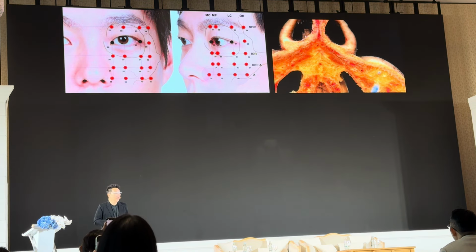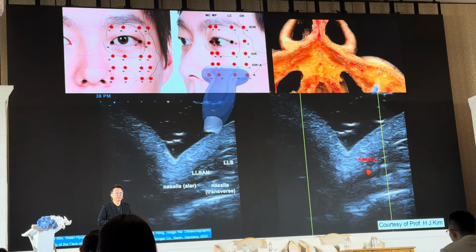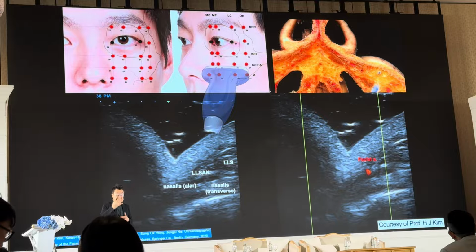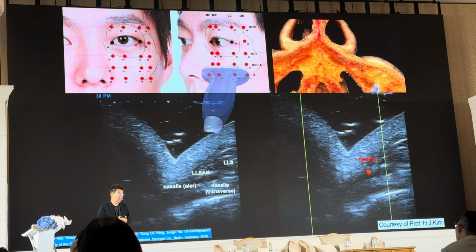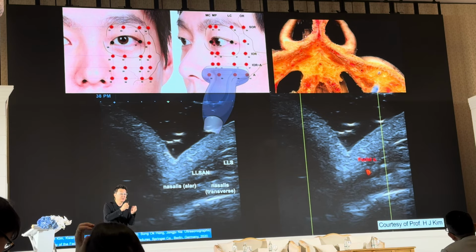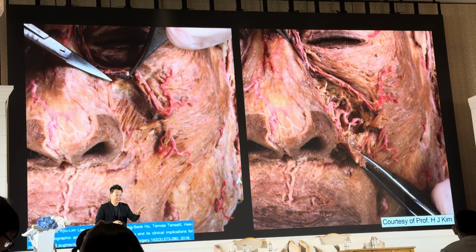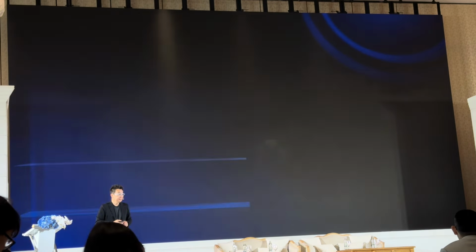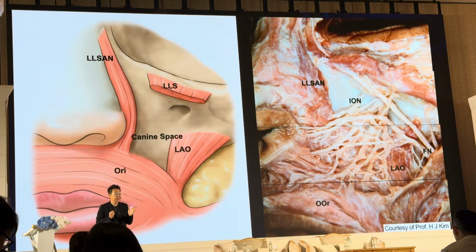Let's move on to the infraorbital space. Very well. Just lateral to the nose area, there are very complicated muscle layers. You can see about 4 muscle structures occupying these areas, and deep to the muscle, you can see vascular structures. So this is the infraorbital space.